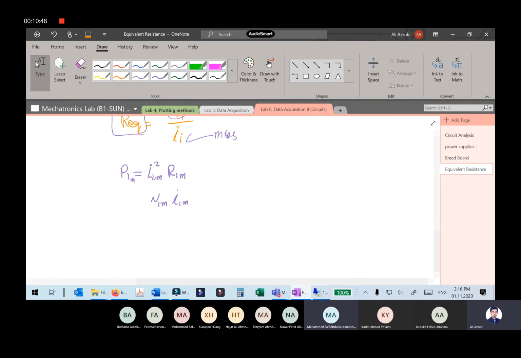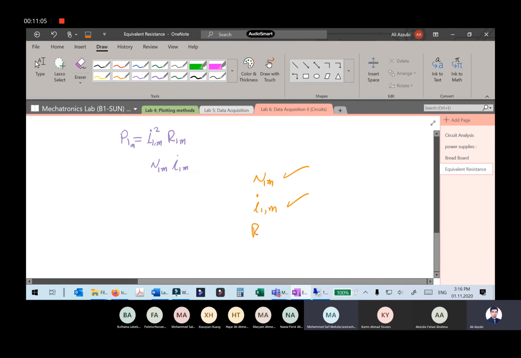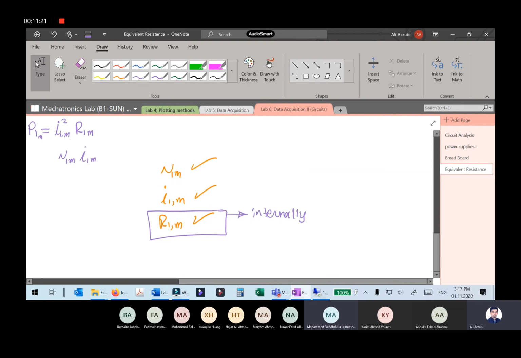Yeah, this is interesting, what you did. But let me give you a hint on this. Now V1 measured, you measured it using a voltmeter, and you measured I1 measured, right? And at the same time we measured R1 measured. Exactly. How is R1 measured calculated in the device internally, in this case the ohm meter?